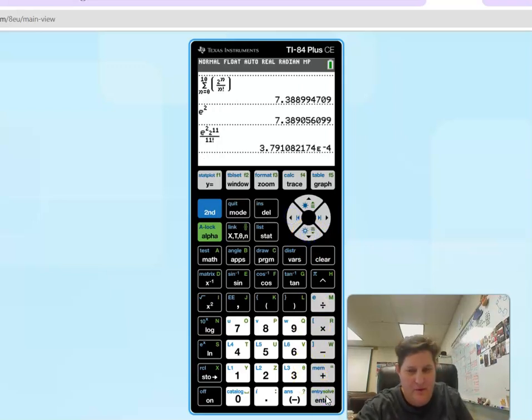All right, and there we go. So my remainder is less than or equal to 0.0003791. Okay? That's what my remainder is less than or equal to.